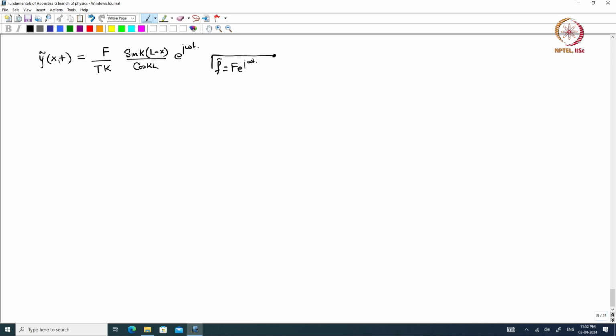So now let us look at further details. One thing we notice here is that when we did the infinite string, the response was of the form f by rho L c, e to the power of j(omega t minus kx).